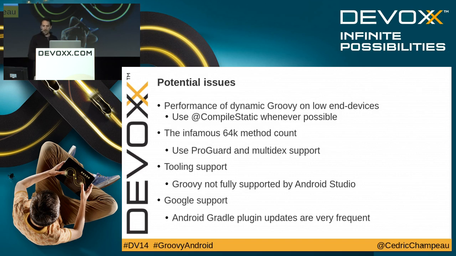I totally skipped the problem of tooling so far. Tooling is two things. It's the build tool, so using Gradle, but it's also the IDE. I focused on Android Studio, and the problem is that Android Studio uses a forked version of IntelliJ IDE, and it's not up to date. So for example, if you use the traits feature of Groovy inside your application, you will see red code everywhere.